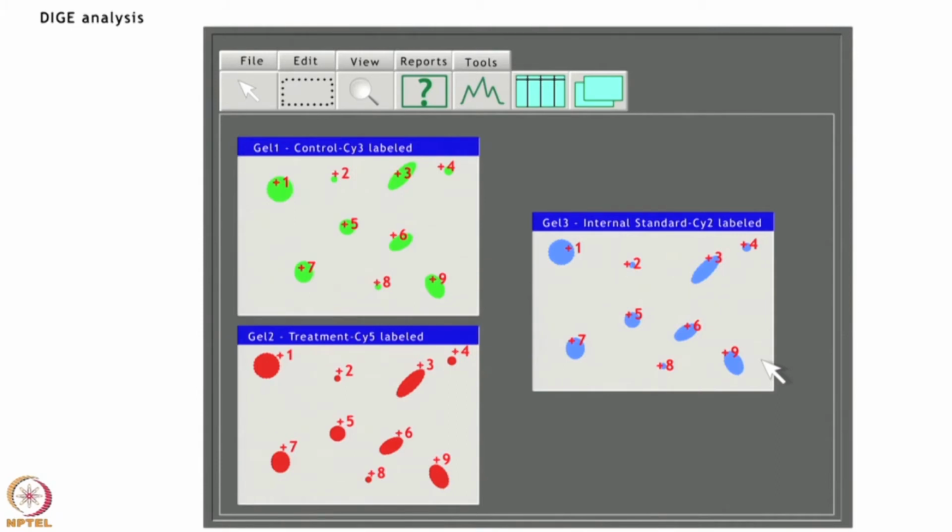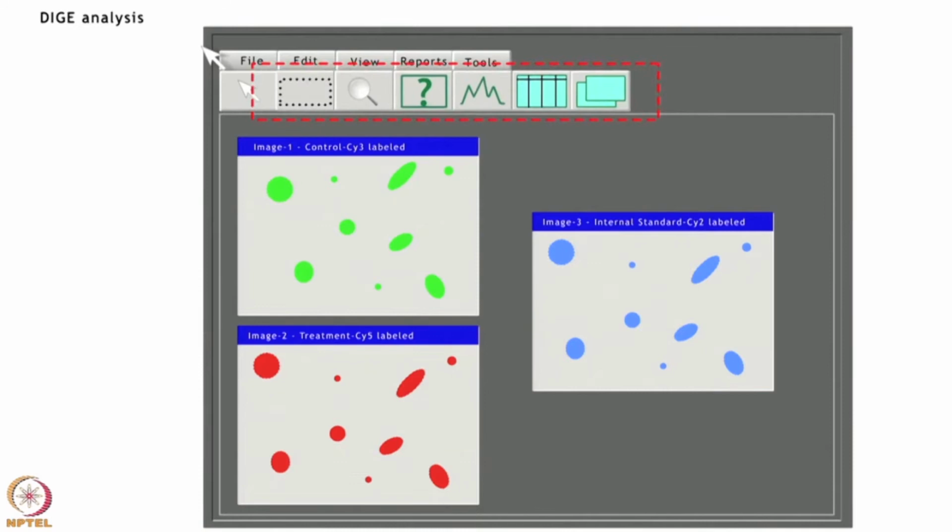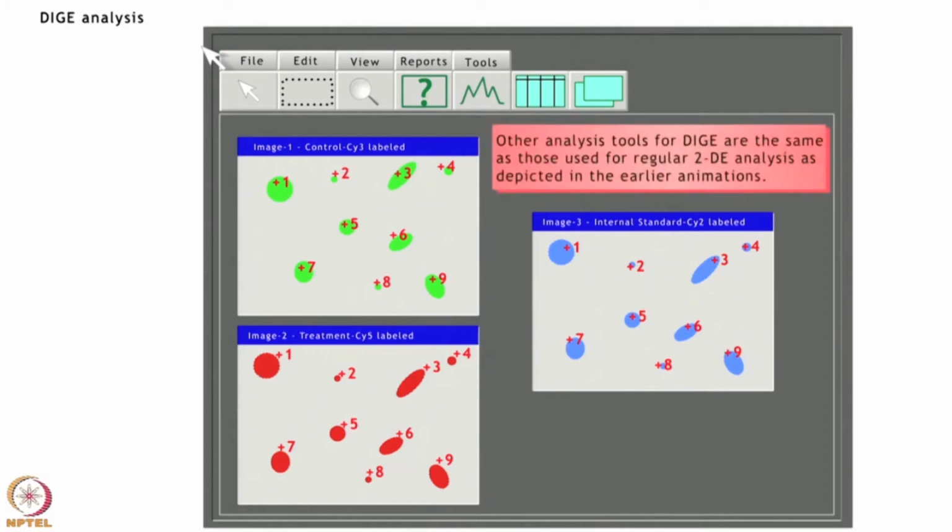Any changes implemented in one gel, such as cropping, spot selection, etc., will be implemented across all 3 gels in DIGE. Other features and tools for DIGE analysis are the same as those used for 2DE analysis. Physical and statistical parameters of all spots on the gels can be determined through their corresponding reports.